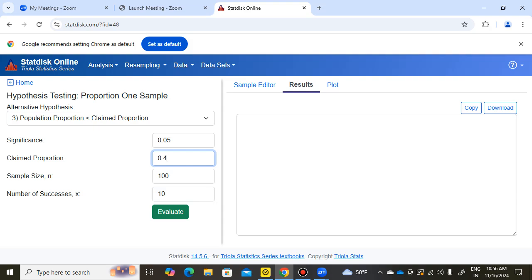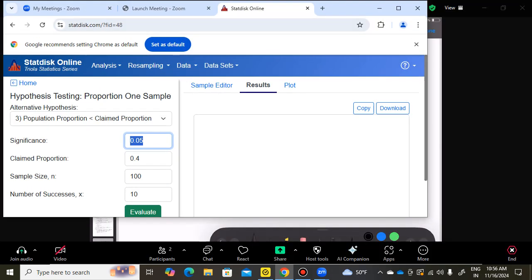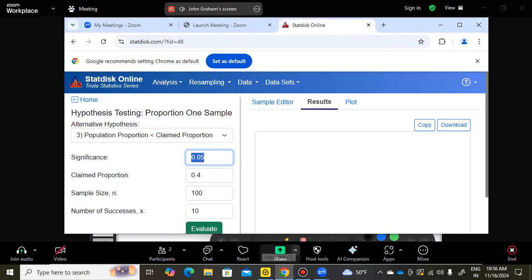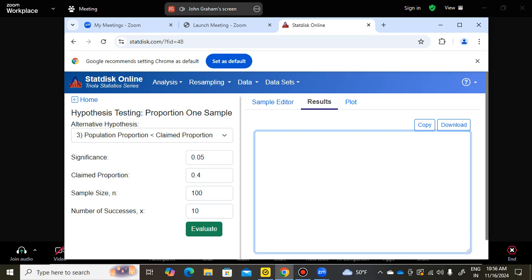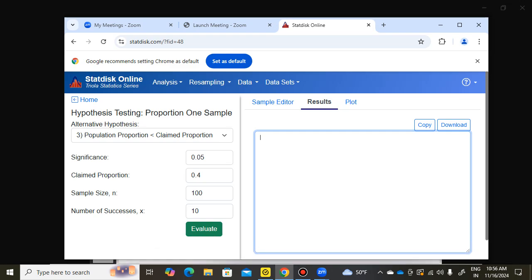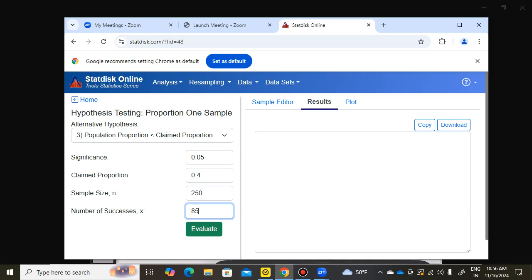We have to put in 0.4 for our claim proportion. Significance level was 0.05. Sample size was 250. Number of successes was 85. Okay, and we have everything filled out. Make sure you don't forget the alternate hypothesis because that's easy to forget.